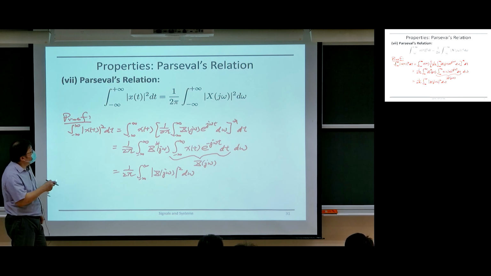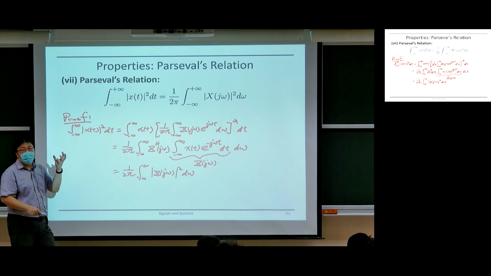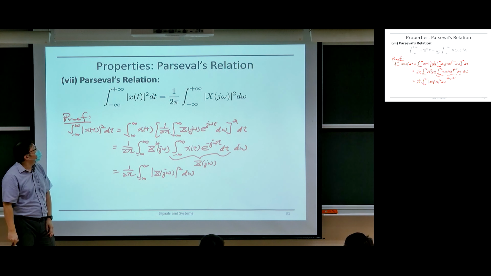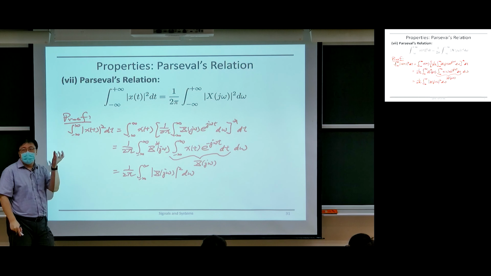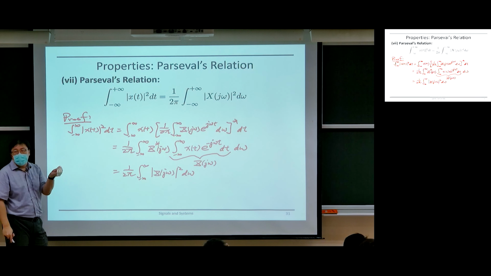Now, when you say that this integral gives you the total energy of the signal, then this absolute square of x of t gives you the energy at the instantaneous time t. You can view it as the energy density at the time t, and energy density is power.